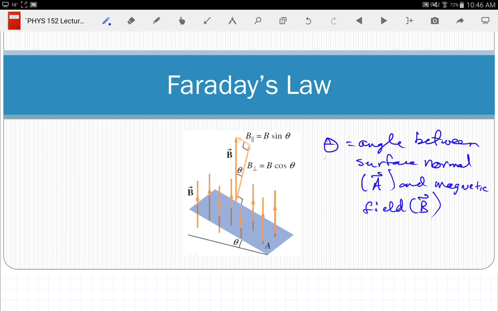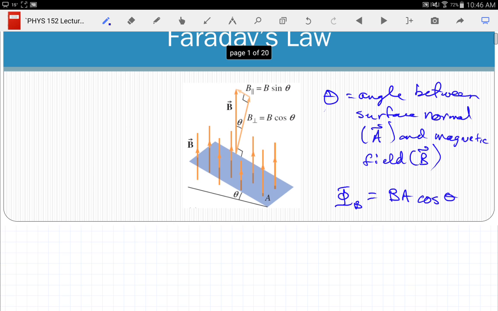So we take the angle between the surface normal and the magnetic field, and then the magnetic flux is equal to B A cosine of the angle between the two, or, doing it without writing cosine, B dot A. And that's just like the electric flux. Just wanted to make sure we go through it again rather than saying, you know this, and move on.